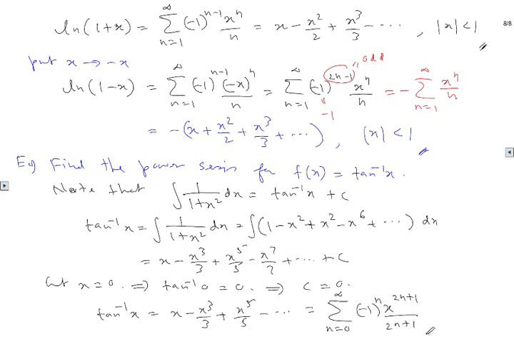So that is the power series representation of that. And the radius of convergence is still 1, so R is still 1. You can get that from the ratio test, or since this is a geometric series, we get that from the geometric series as well.